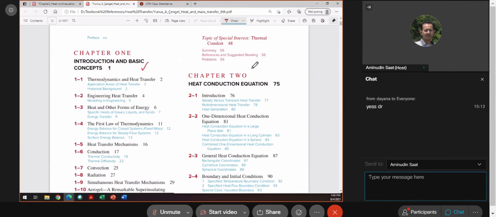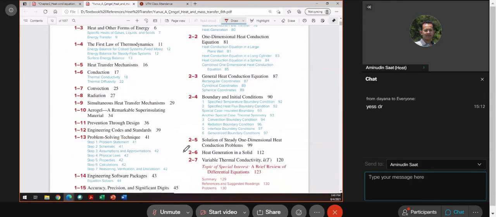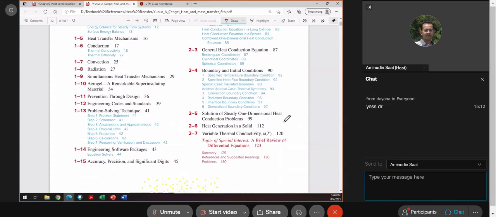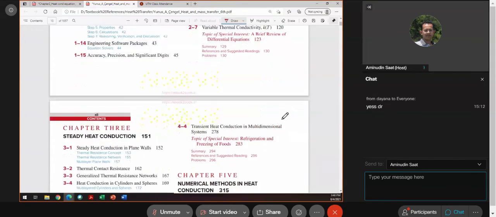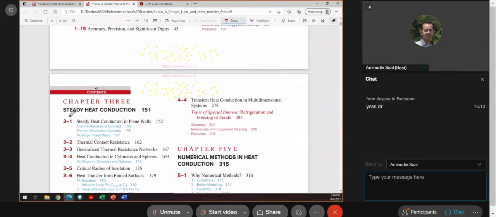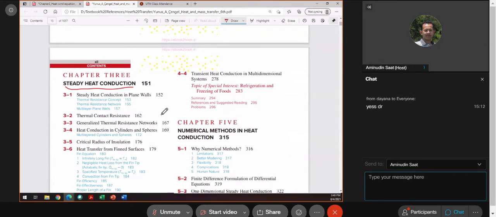So we finish the heat conduction equation until this solution. And then next we will go to steady heat conduction, where we will use the technique called thermal resistance analysis, or thermal resistance concept, in order to solve heat conduction problems.